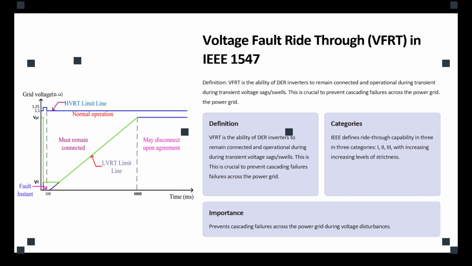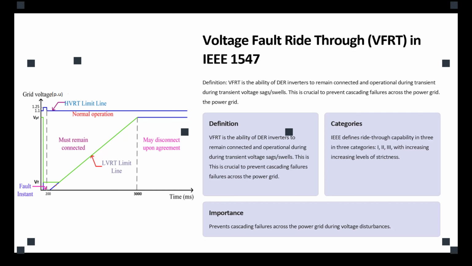Based on the graph, you could easily find that high voltage ride through means voltage swell, and low voltage ride through means voltage sag. So in high voltage, the disturbance is an increase in the voltage. In low voltage LVRT, we have a decrease in the voltage, whatever incident happens.